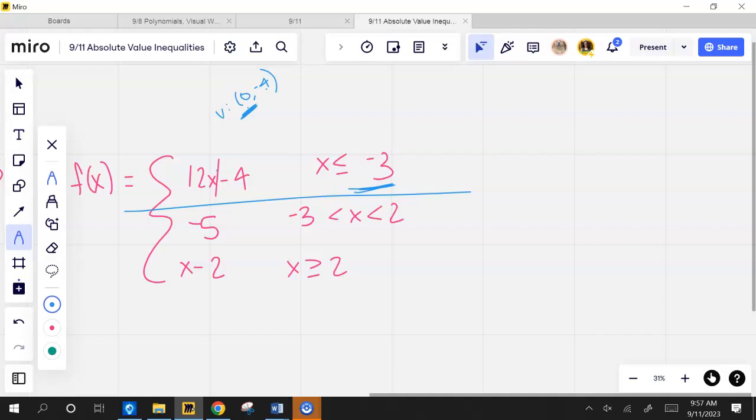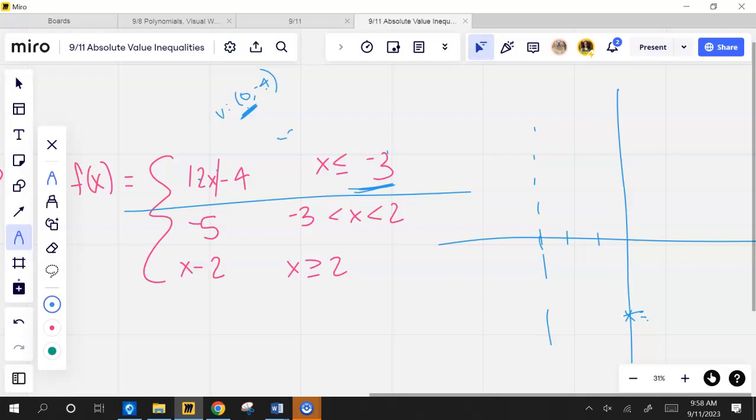Is 0 smaller than negative 3? No, right? So 0, negative 4 is somewhere here, but this graph is getting cut off at negative 3 and only taking to the left. So that doesn't matter that it's there. It's not going to be included. So I really only need to plug in negative 3.